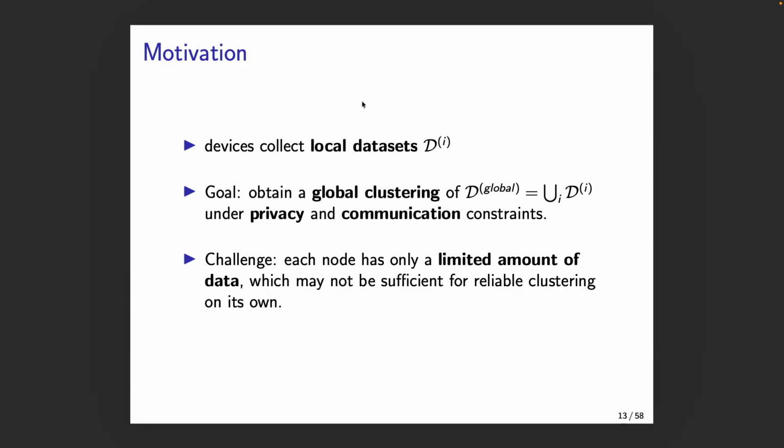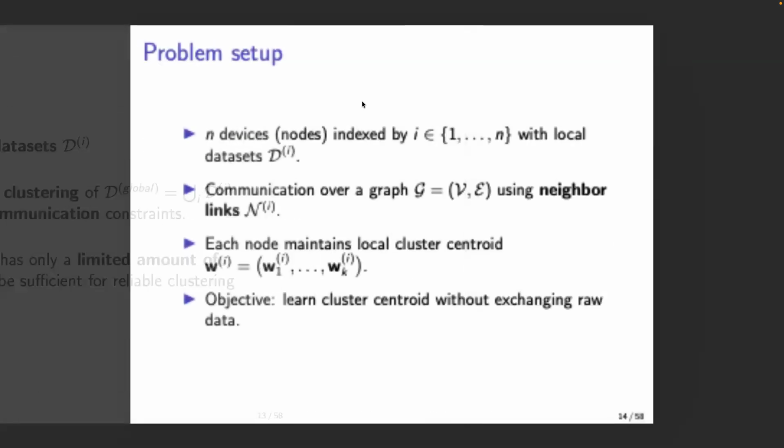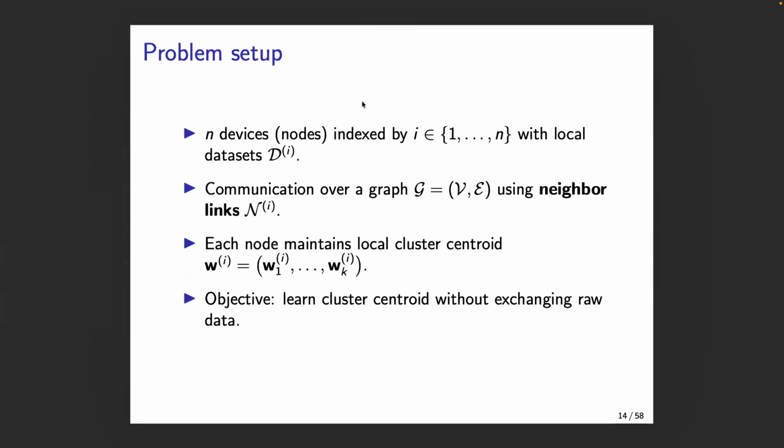So each device cannot communicate the raw data of their dataset to their neighbors. And obviously, if we did the clustering on the single devices, having a limited amount of data would result in a poorer result compared to having all the data, the global dataset, accessible.